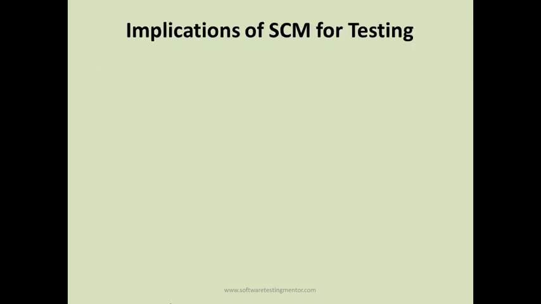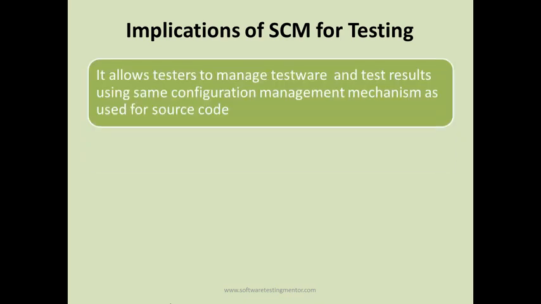Then what are the implications of software configuration management for testing? It allows testers to manage testware and test results using the same configuration management mechanisms as used for source code.